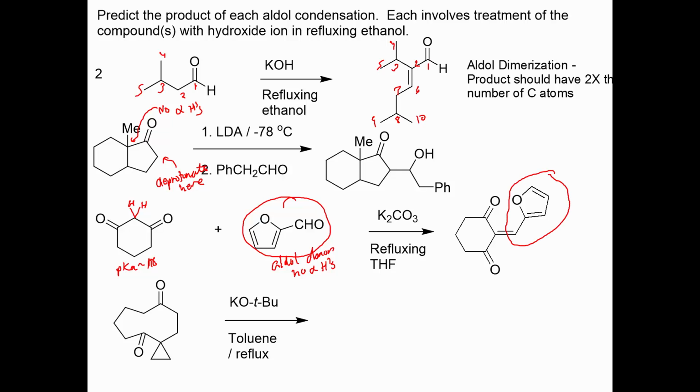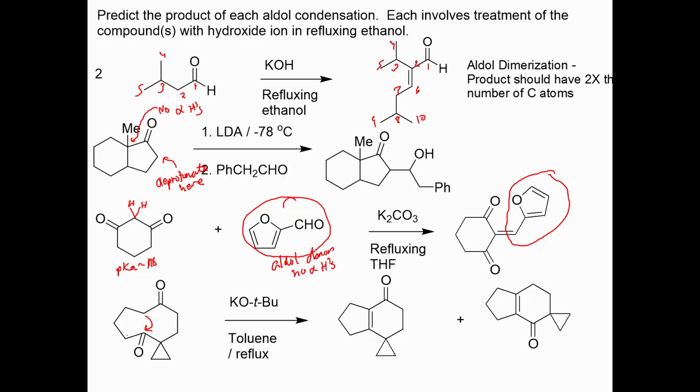Those carbons of the aldol donor show up there. And this one, we can make two different compounds. We can take the alpha carbon there, and this gives us a 6-membered ring when it adds to that carbon.